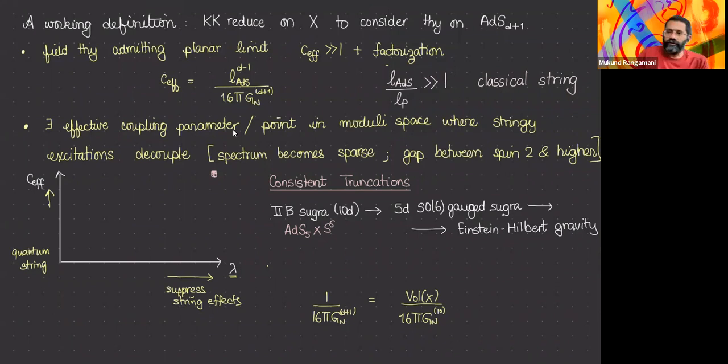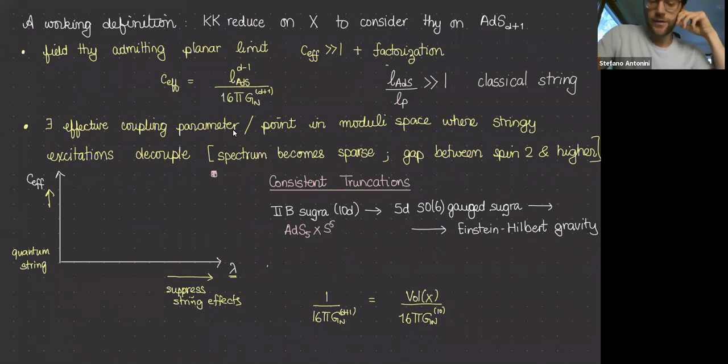So, can I ask a question? Yeah, sure. Just to make sure that I understood the general idea here: if you make these truncations, you take both limits such that you obtain Einstein-Hilbert gravity on AdS5, then that classical theory is dual to a specific sector of each one of those four-dimensional conformal theories. Correct.